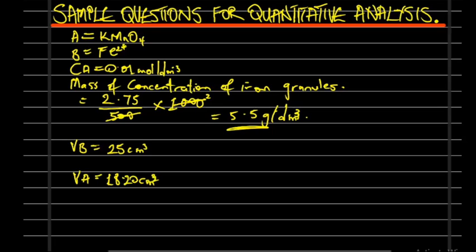18.20 centimeter cube. So the molar mass of potassium permanganate, like we have calculated earlier on from the preliminary that we did, we have it to be 158 grams per mole. I believe you understand how we got that. We can quickly turn back to the previous page where we worked on this, we explained previously, so as not to waste much of our time.